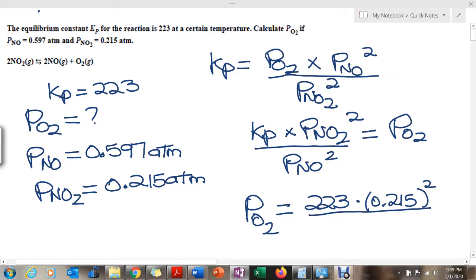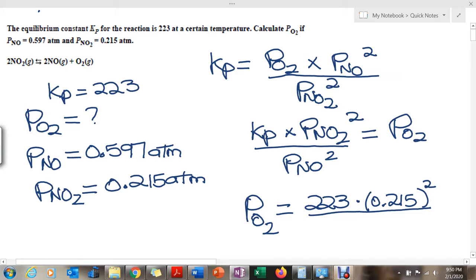Watch, the partial pressure of NO2 goes on top, multiplying the Kp and to the square. And if we want this by itself, this would be on the bottom and to the square. So what we're going to plug in here is the NO, sorry, to the square.